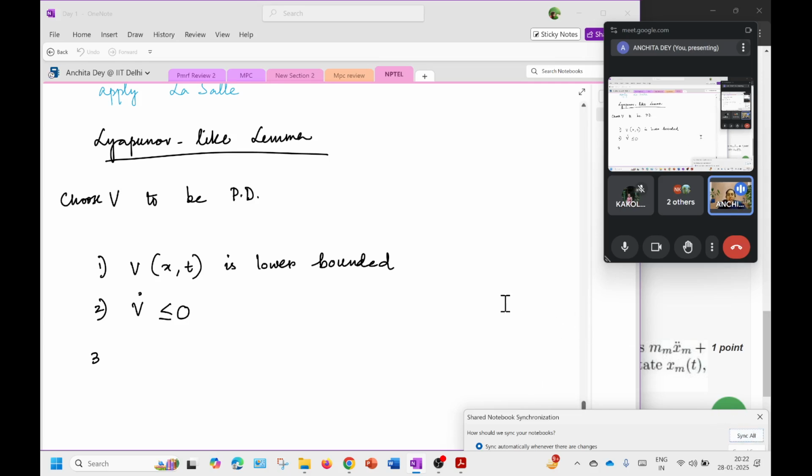So what's the way to check if something is uniformly continuous or not?